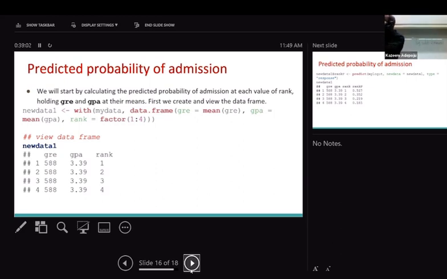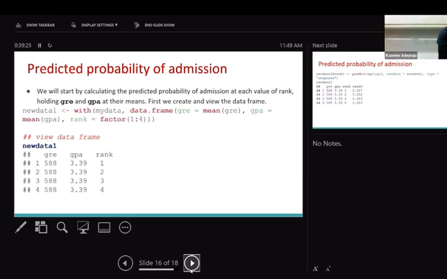I think I gave you that last week. But if you want to use our code, I want you to take a look at what I have here.